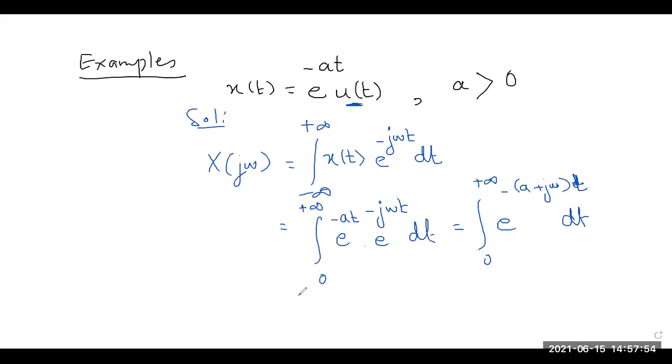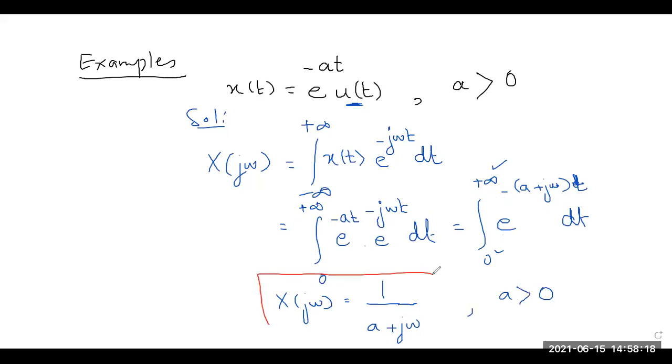So if you solve this integral, it's a simple one. You just need to put the plus infinity as upper limit and lower as 0. So what is the final result that you will get? You will get 1 divided by a plus j omega, under the condition that a is greater than 0. So this is the Fourier transform of this signal.